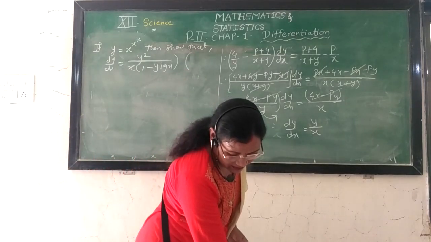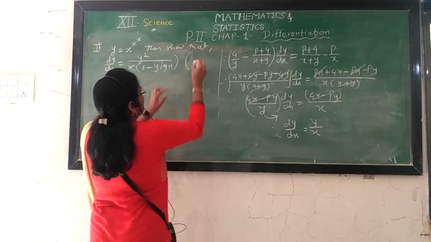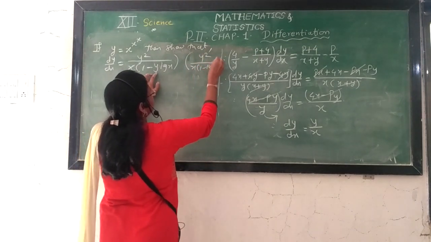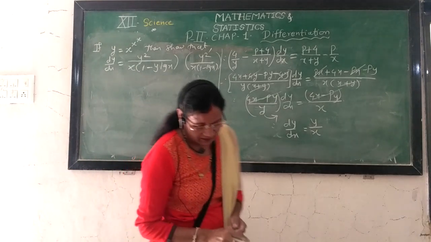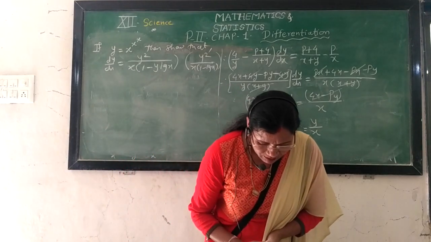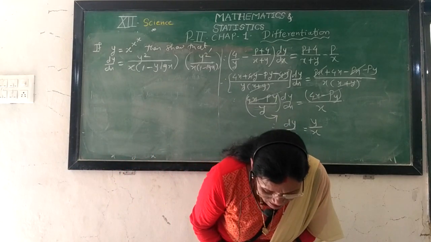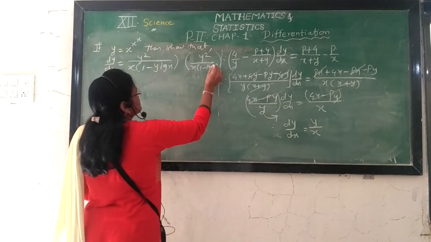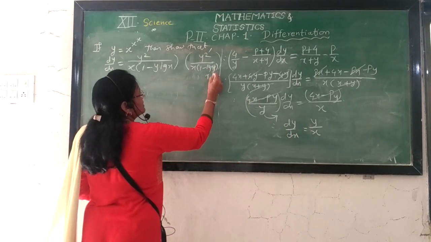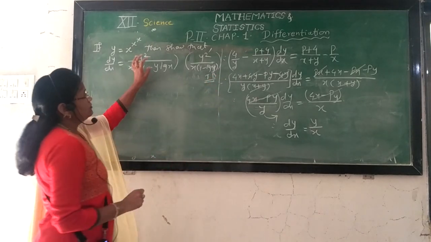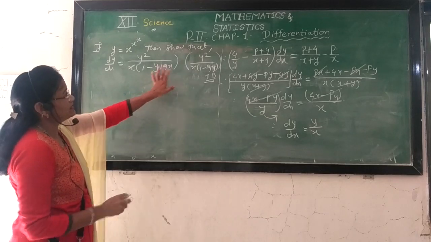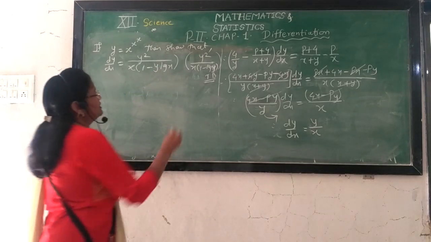In your textbook the answer is given as y square upon x into (1 minus log y). This is given in your textbook, but this is wrong. The answer for this question is y square upon x into (1 minus y log x). Now we find this answer.